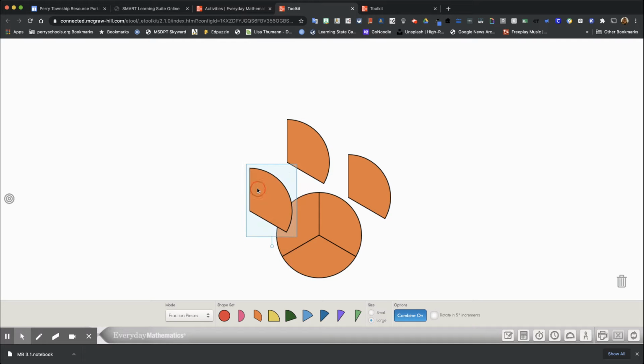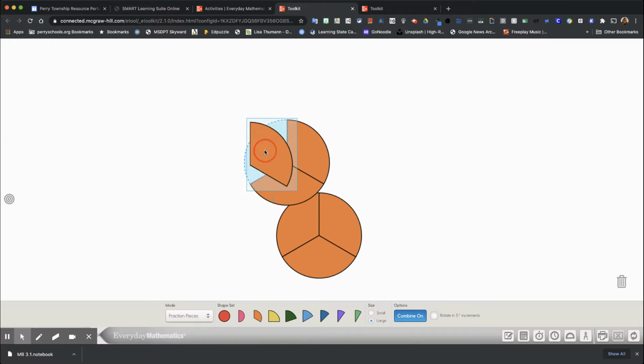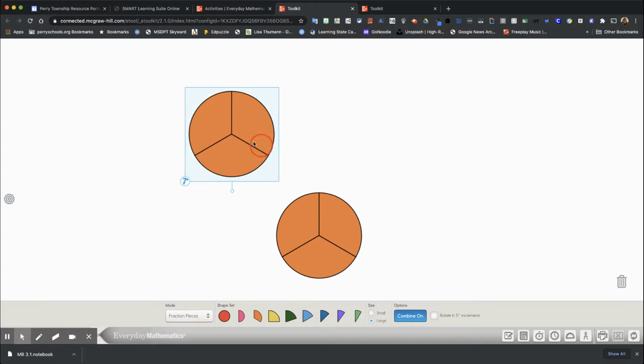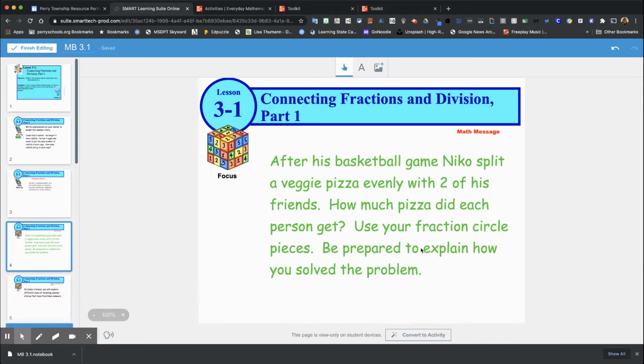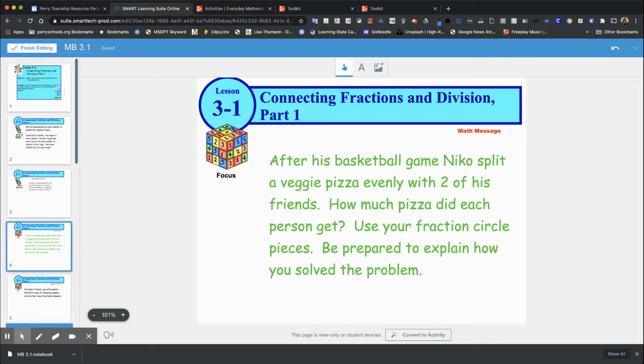These 3 pieces together will make that whole. So we can put those together just like that. And so we've created 3 pieces. So each person will get 1/3 of the pizza.